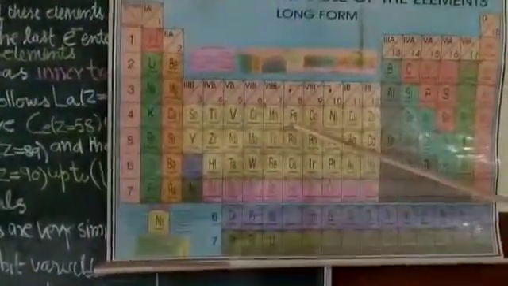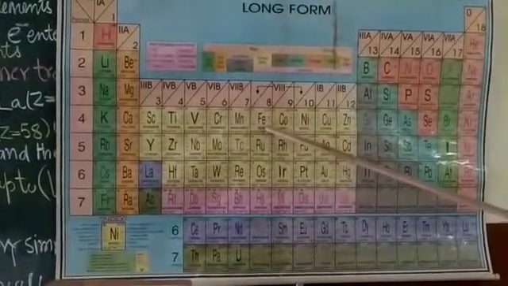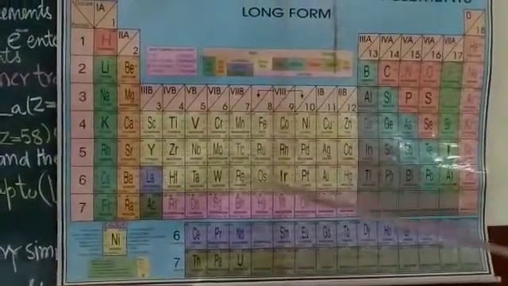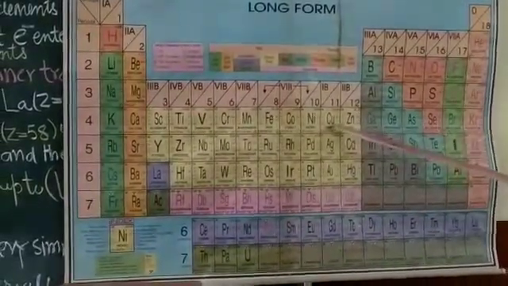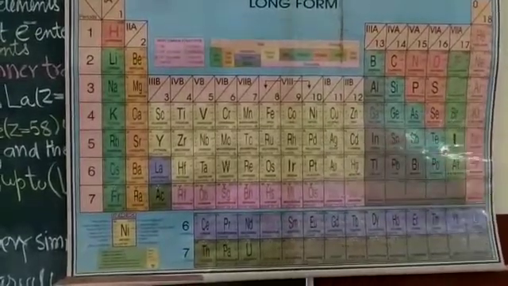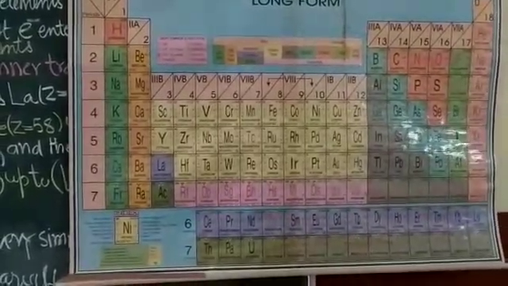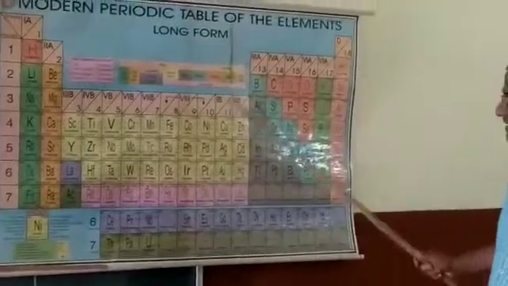Here, iron has 2 oxidation states. Fe2+ is called ferrous, Fe3+ is called ferric. Cu+ is called cuprous and Cu2+ is called cupric. So, this is known as variable valencies.